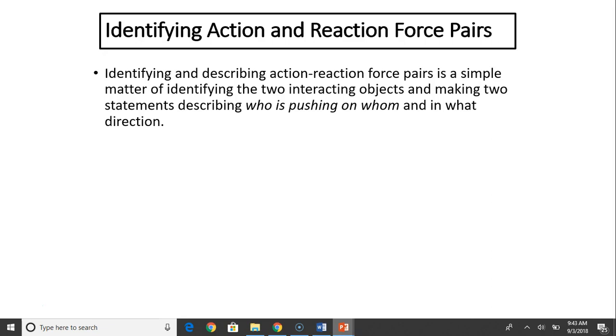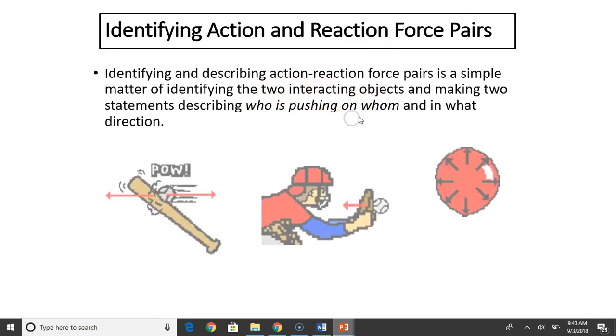Identifying and describing action-reaction force pairs is a simple matter of identifying the two interacting objects and making two statements describing who is pushing on whom and in what direction. So in this sentence, I want you to pay attention to two objects. Action-reaction forces are acting on two objects.